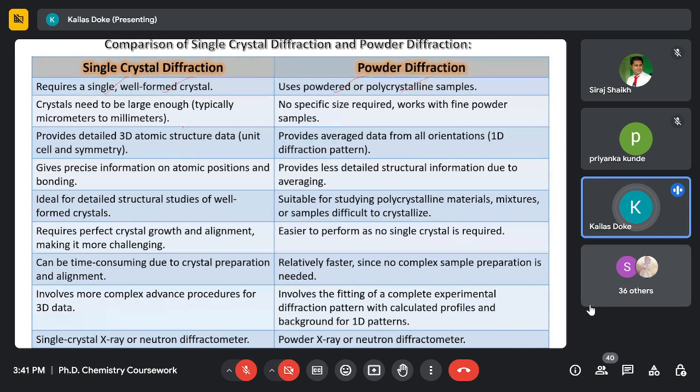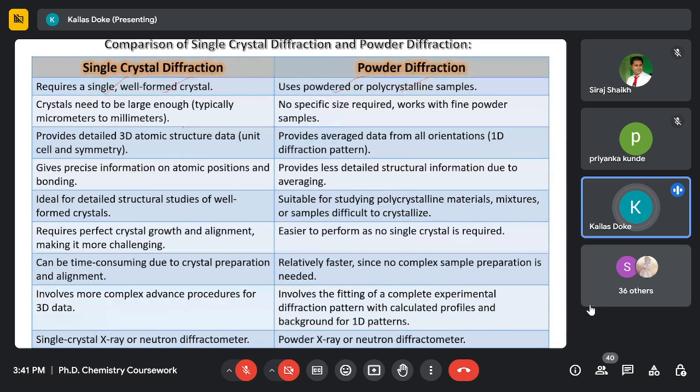But powder diffraction requires some calculation and averaged data collected from all orientations in the one-dimensional patterns of the powder diffraction. Single crystal diffraction produces exact, precise information on atomic positions as well as bonding, which will not be provided by powder diffraction. It provides less detailed structural information, and by taking the average, we can predict atomic positions and crystal structure.